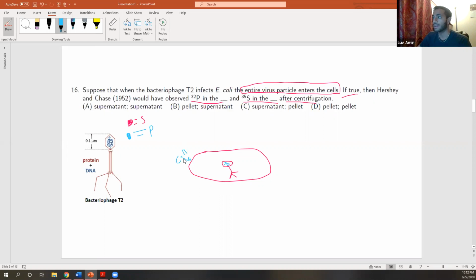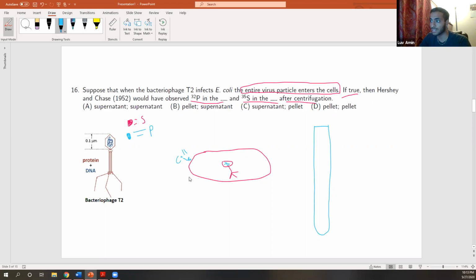Now, what do we do to test where these radiolabeled things are? We centrifuge them, right? Centrifuging is basically spinning stuff so fast that it gets organized by weight, right? So the heaviest stuff goes on the bottom and the lightest stuff goes on top. A key thing is you're not breaking anything, you're not breaking the cell wall or anything.